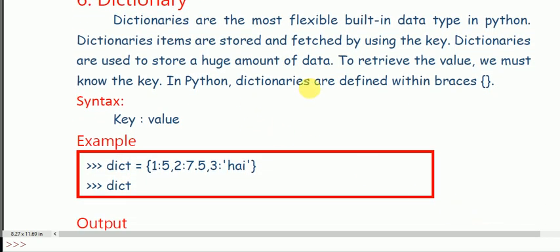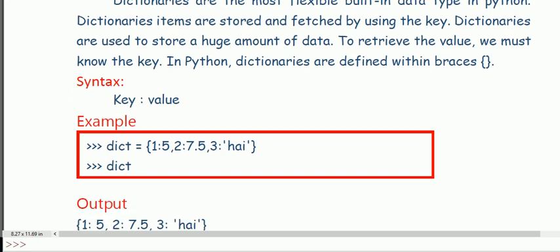In Python, dictionaries are defined within braces. Like sets, dictionaries are also used with braces, but the syntax uses a key and a data value. 1:5, 1 is the key and 5 is the data value. 2:7.5, 2 is the key and 7.5 is the value, and 3 is the key and a string is the value. That's the dictionary.